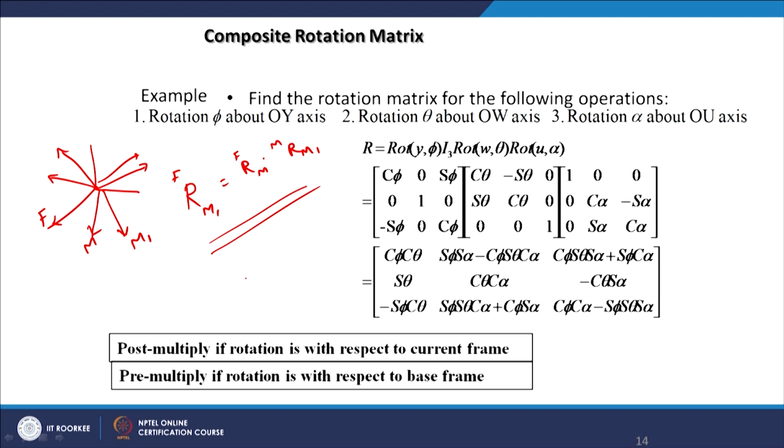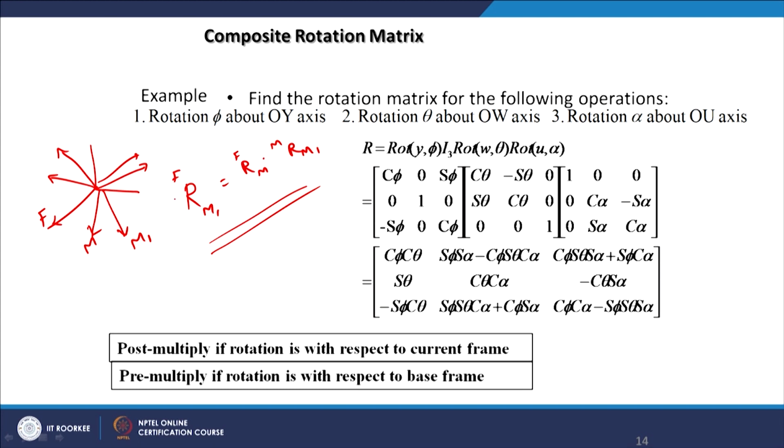But the other scenario is, if first we have the fixed frame F and then we make a rotation with respect to the F frame and we get a new frame M. Now, we again make a rotation with respect to the F frame itself, and we obtain the M1 frame.